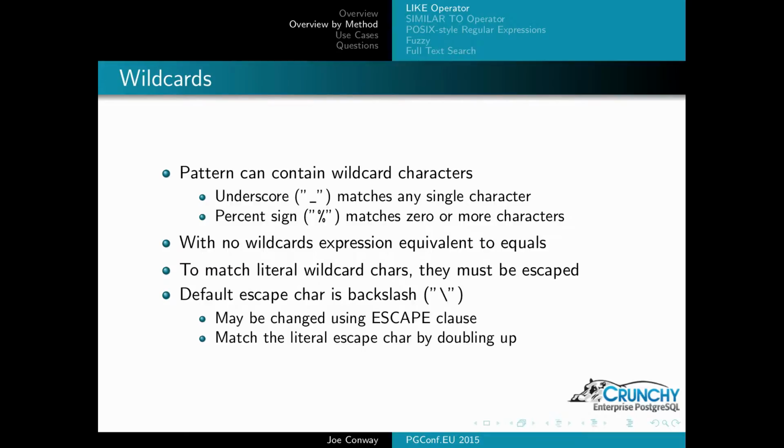If you need to match the wildcard characters themselves, they have to be escaped. The default escape character is the backslash. But let's say you're trying to match backslashes; you don't want to be doubling up backslashes all over the place. You can change that with the escape clause. And again, whatever the escape character is, you can match it by doubling it up.